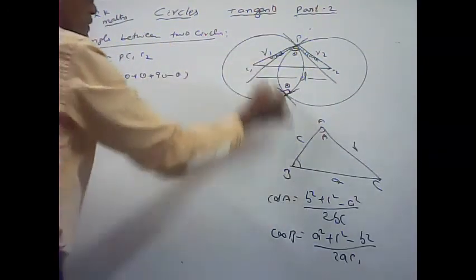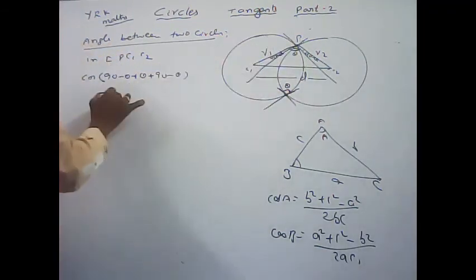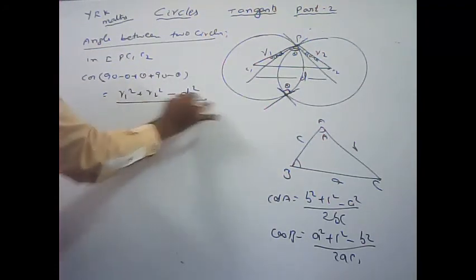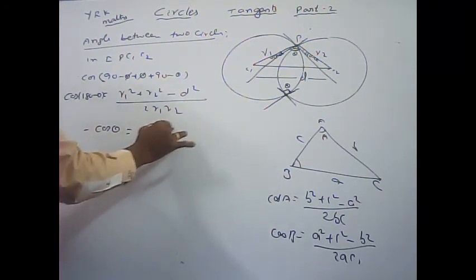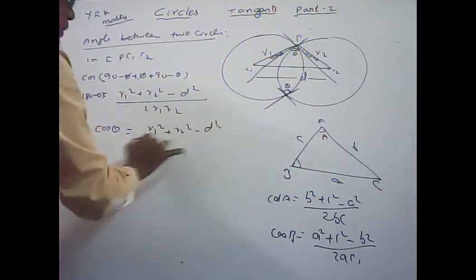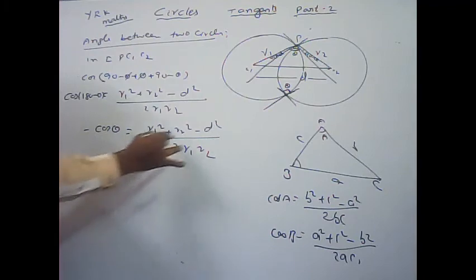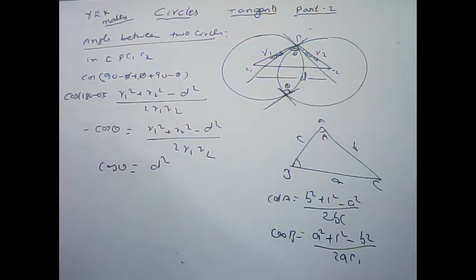So by using this cosine rule, cos of that angle is equal to (r1 square plus r2 square minus d square) by 2r1r2. Here minus theta plus theta gets cancelled. Cos of (180 minus theta), that is minus cos theta, is equal to (r1 square plus r2 square minus d square) by 2r1r2. So cos theta is equal to, multiplying with minus, all the negative terms become positive and the positive terms become negative only.